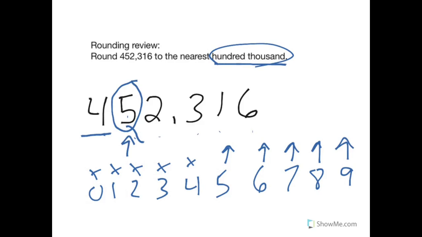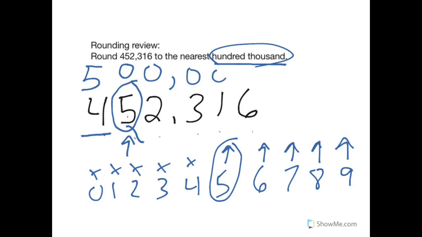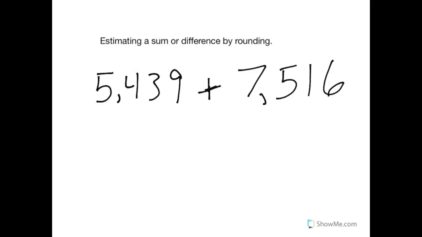Since this is a 5, and on my little chart here, my 5 is pointing up, this 4 actually turns into a 5, and then the bossy Q and all the numbers to the right all turn to zeros. So 452,316 to the nearest 100,000 actually rounds to 500,000. Pretty cool, okay? Let's move on.